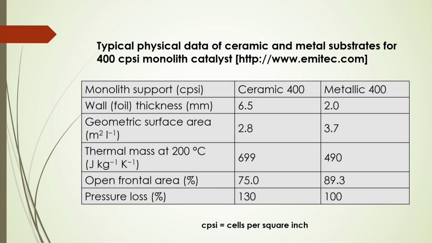Whereas in the case of the metallic structure, the wall thickness should be 2 millimeter, the geometric surface area should be 3.7 meter square per liter, and the thermal mass at 200 degree centigrade will be 490 joule per kg per K. The open frontal area should be 89.3%, and the pressure loss is 100%.